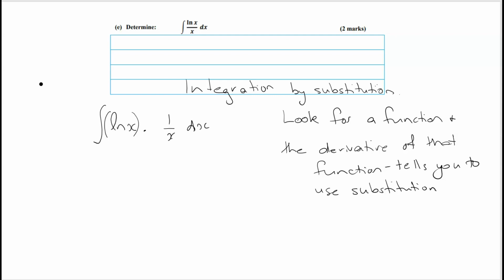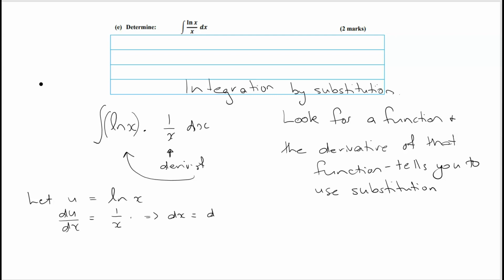Okay, so once we've set it up like that, we can see that this one is the derivative of the other one. So if we say let u equal natural log of x, then du by dx equals 1 over x, and that will tell us that dx is going to equal du times x.